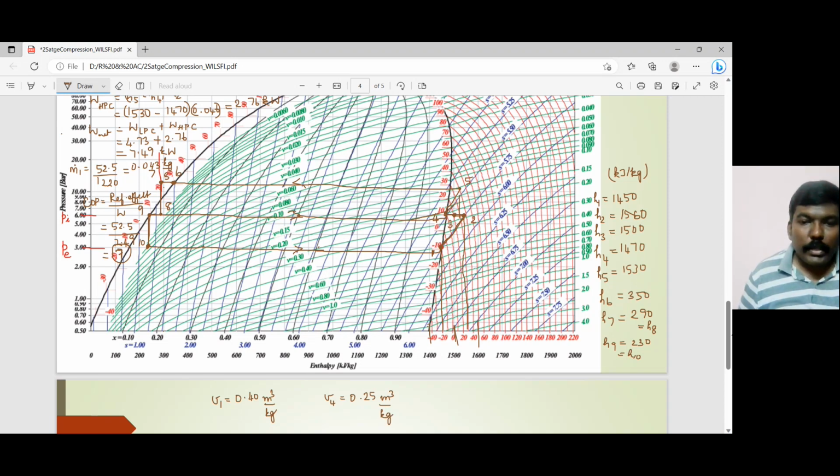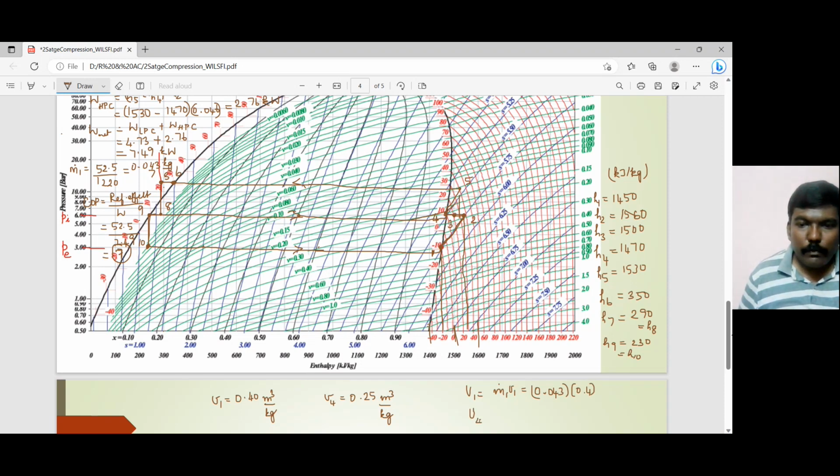Now if I want to find the actual volume that is taken in, it is M1 dot into V1, which is 0.043 multiplied by 0.4.